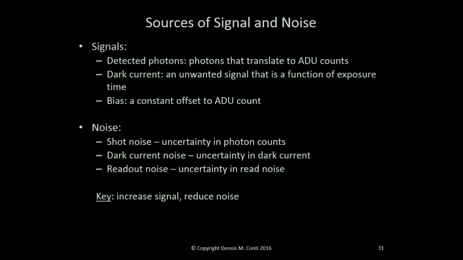And so that uncertainty is referred to as shot noise. There's also uncertainty in the dark current itself, and there's also uncertainty in the read noise. So these three contributions of noise accumulate to the amount of uncertainty in our signal.